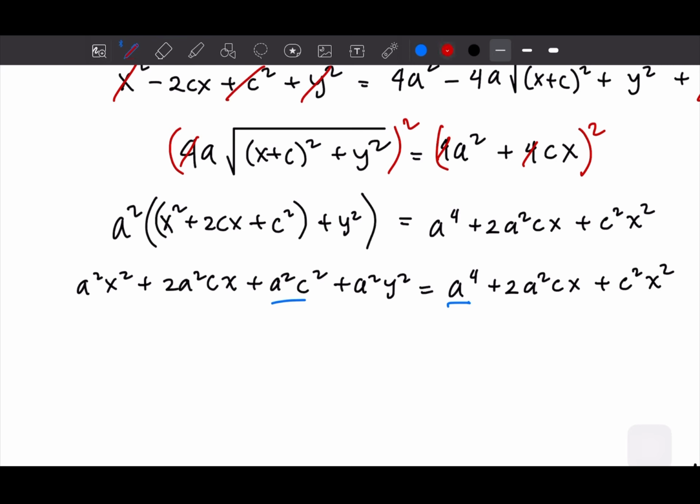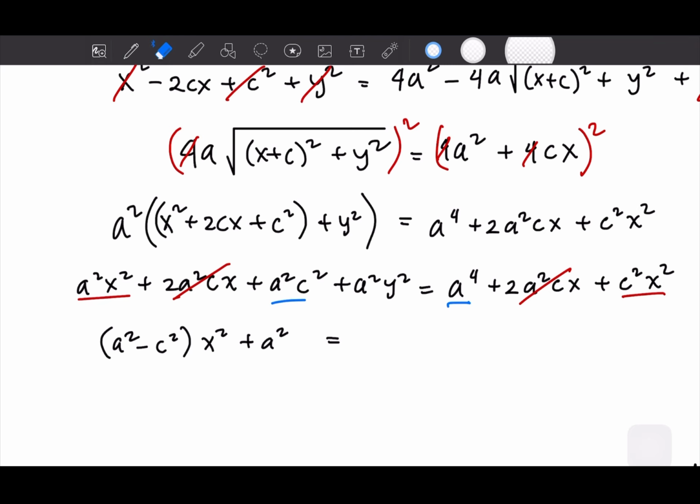And then all the x squared terms, let me combine them together. So x squared here, x squared here, and this one cancels, right? So (a squared minus c squared) x squared plus a squared c squared is equal to, this should be the y squared, and then we move the blue one to the right side.